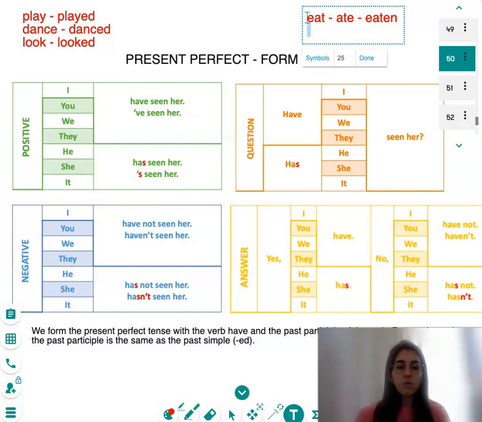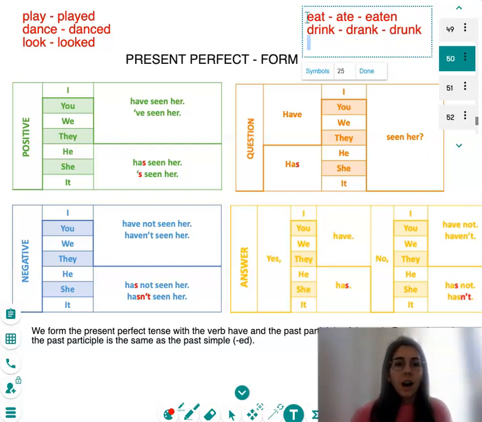Another example would be the verb to drink. In the past simple it would be drank: I drank water yesterday. And in the past participle, that would change to drunk: I have drunk water this month, etc. Also, the verb that we have here in the charts would be to see, which in the past simple would be saw, although in the past participle, I have seen.